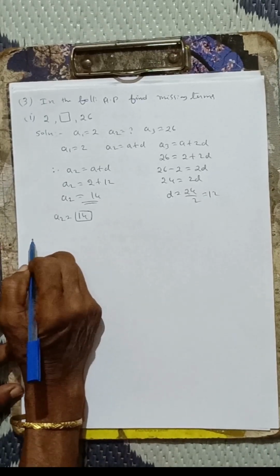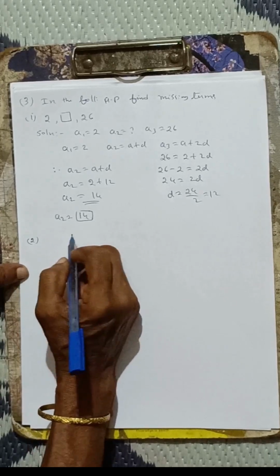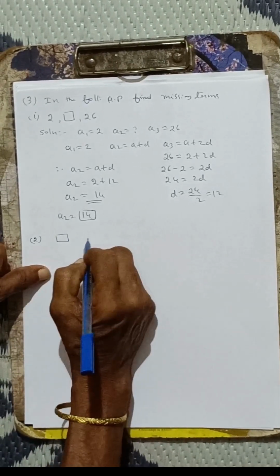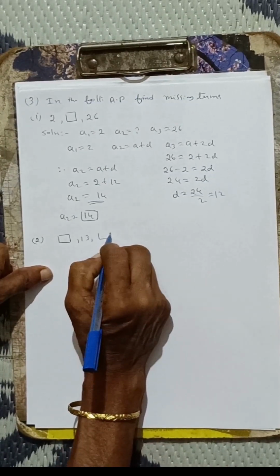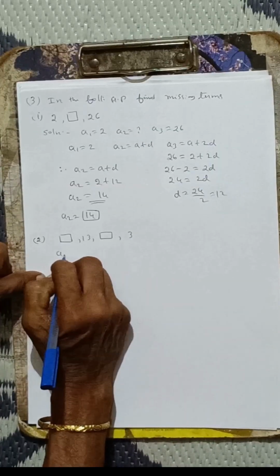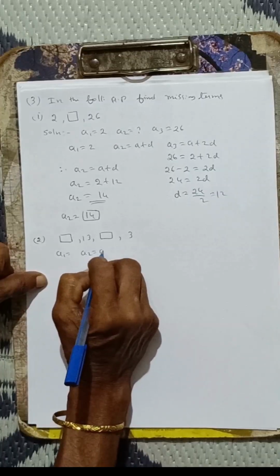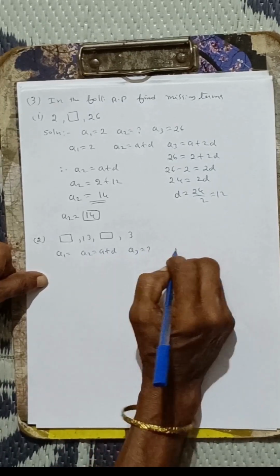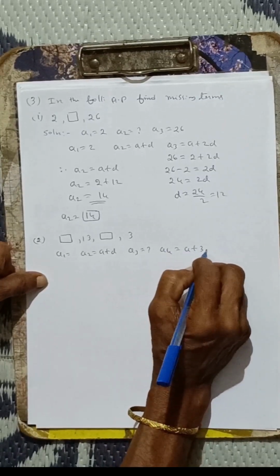Second question. The first term is not given, the second term is 13, the third term is not given, the fourth term is 3. Here also you can take a1. We have to find a2 equal to a plus d, a3, and a4 equal to a plus 3d.